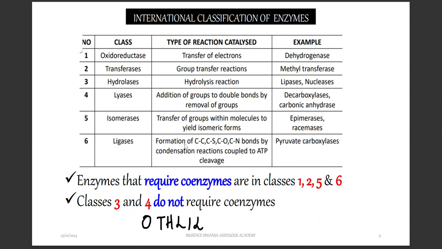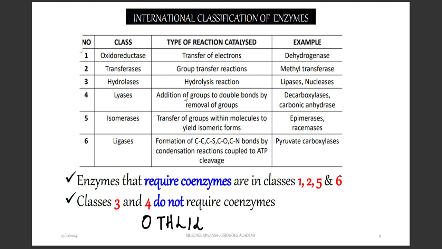Ligases are there for formation of bonds between carbon and sulfur, carbon and oxygen, carbon and nitrogen. This is done by condensation reactions, meaning you are connecting these atoms, and it is coupled to ATP cleavage. So as you are connecting these compounds, you are breaking down ATP. ATP is a form of energy that the body uses.